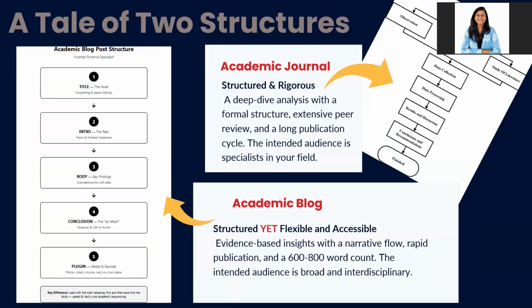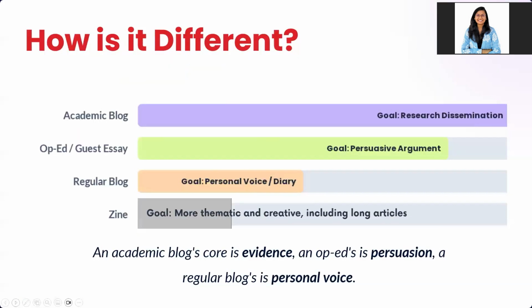To go forward, in the next slide I'd like to talk about the different platforms available for us to write in academia or for thought-provoking conversations. One of these is an academic blog, which is for research dissemination. The other is an op-ed or a guest essay, which we generally see.